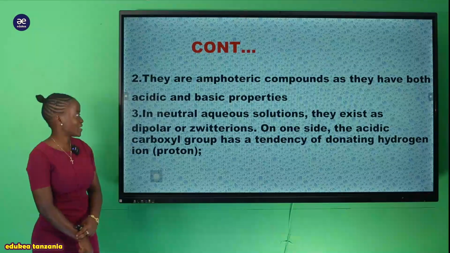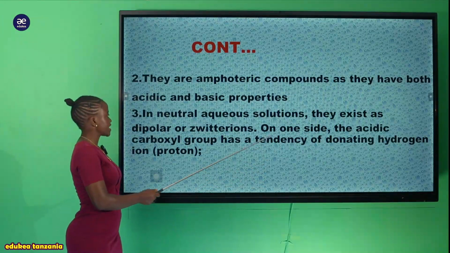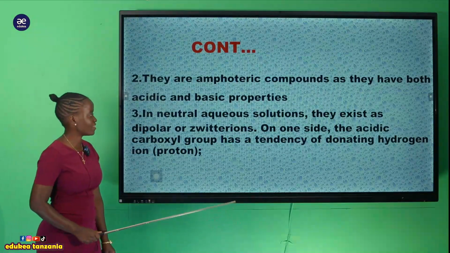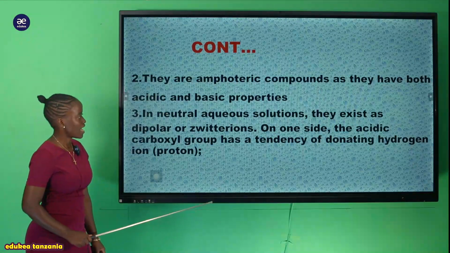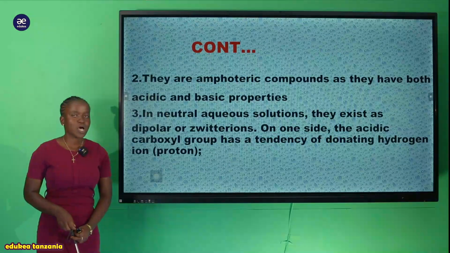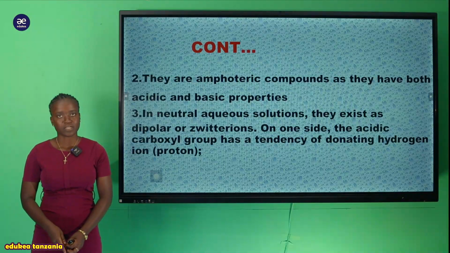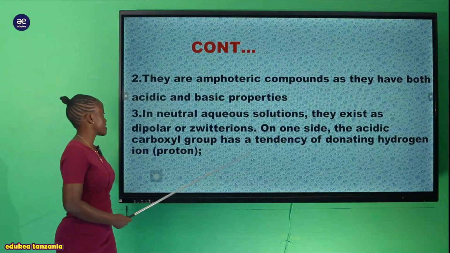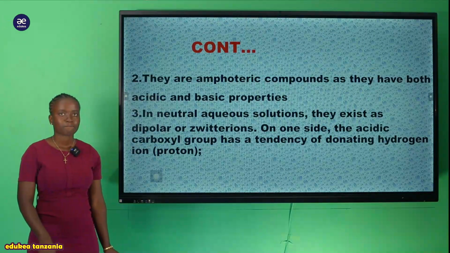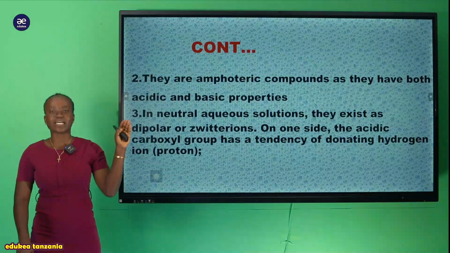We have another property of protein, that is protein in neutral aqueous solution. They exist as dipolar or zwitter ions. On one side, the acidic carboxylic group has a tendency of donating a hydrogen ion. So the proteins in aqueous media can exist as dipolar or zwitter ions, meaning that they tend to have ions hanging on their structure.